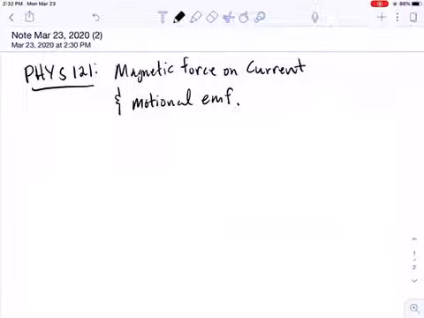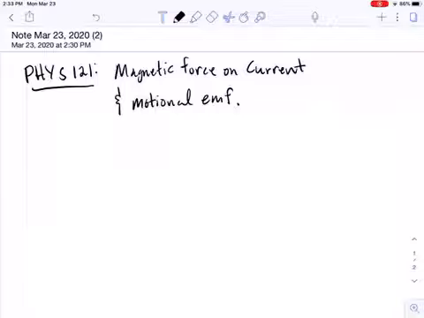Okay, hello everybody. So, in today's Physics 121 video, the first thing we'll explore is the magnetic force on a current. And then after we've done that and looked at an example, we'll start to talk about something called motional EMF.